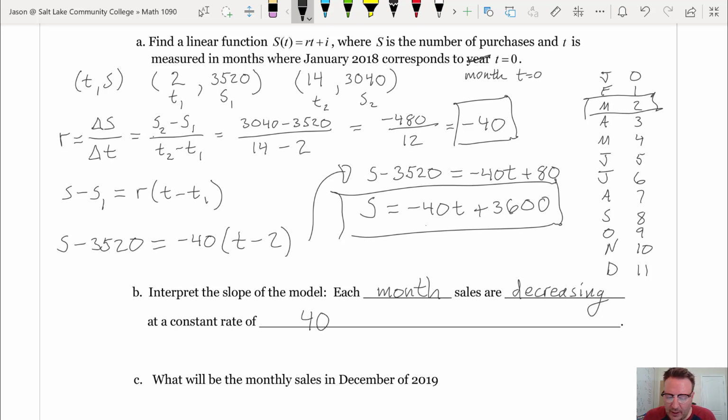And the units here are not dollars or anything. It's just a pure number of sales.